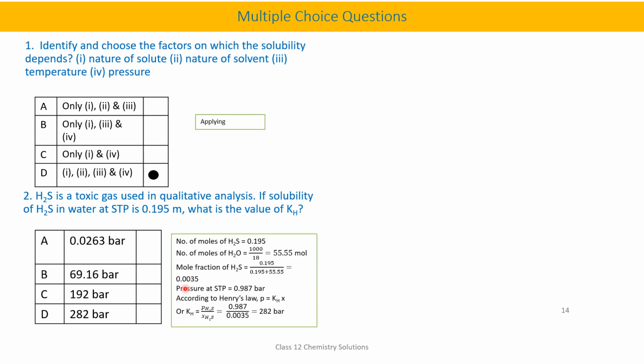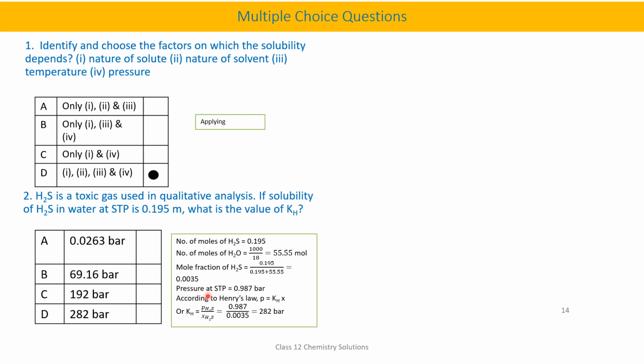So let us analyze. Number of moles of H2S is given as 0.195. Number of moles of H2O is 1000 divided by 18, that is equal to 55.55 mole. Mole fraction of H2S will be equal to 0.195 divided by (0.195 plus 55.55), that is equal to 0.0035.